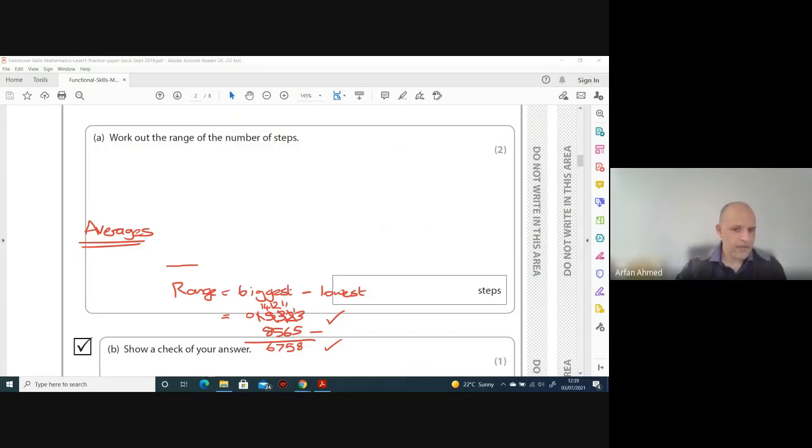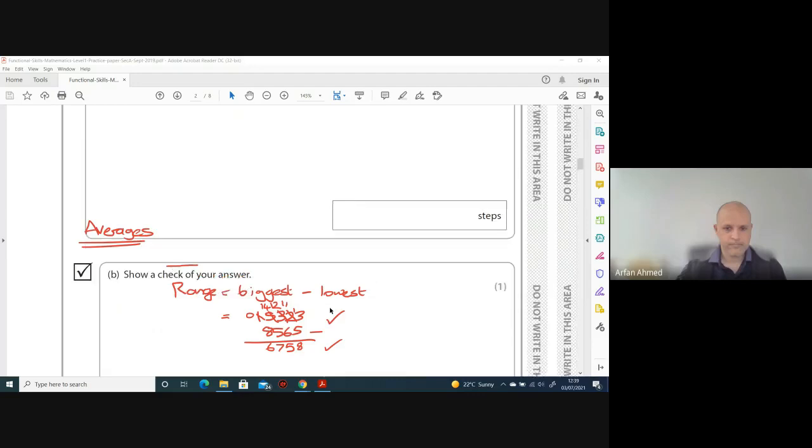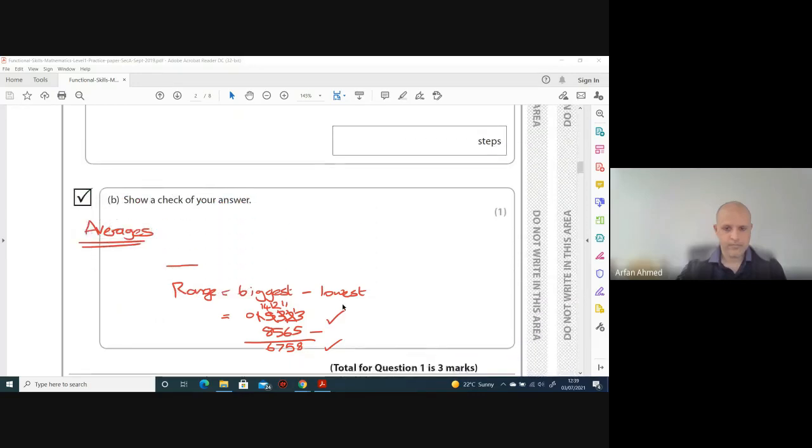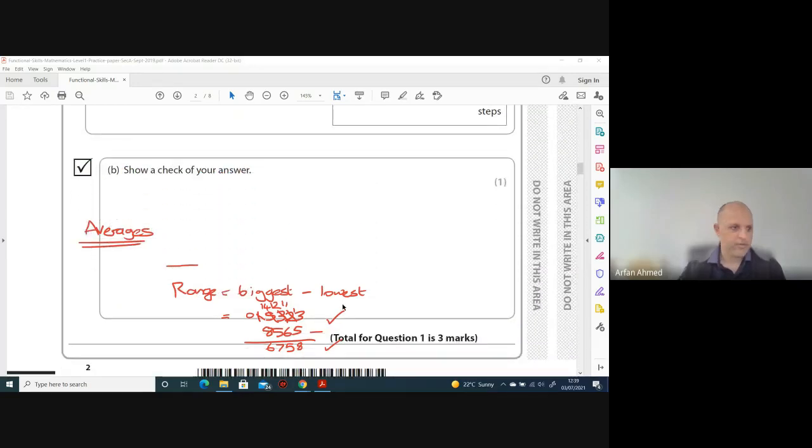So we have to start off with 6758. That's our starting point. We'll do it down here. Just ignore that thing at the bottom.